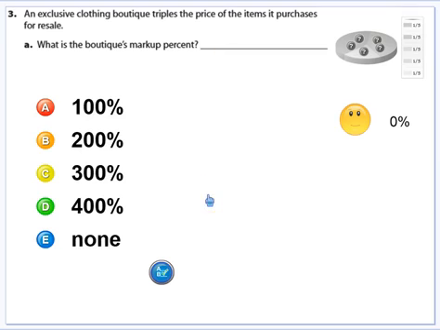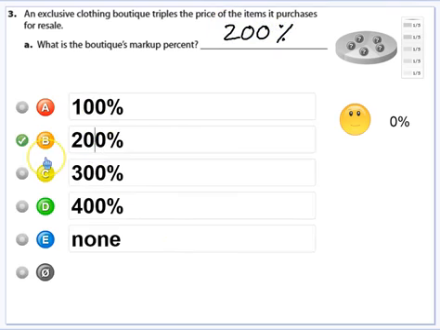I'm using the amount that they gave me and I'm doubling it, so that's 100%. So if I triple it, if doubling it is 100%, tripling would obviously have to be 200%. I click my answer. Oh, it's the right answer. Yay!